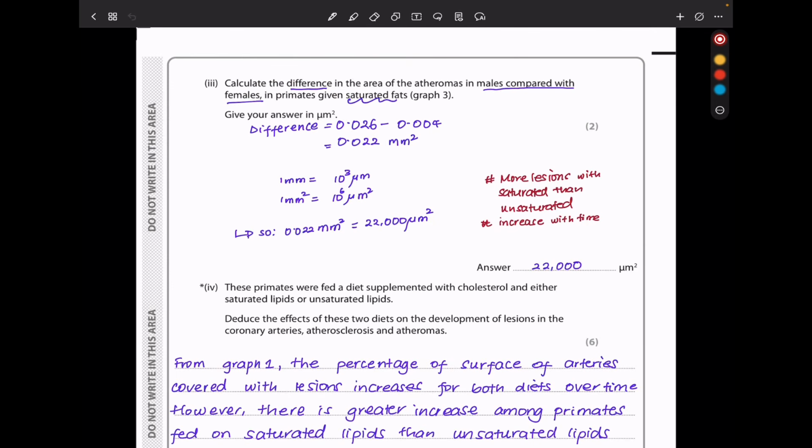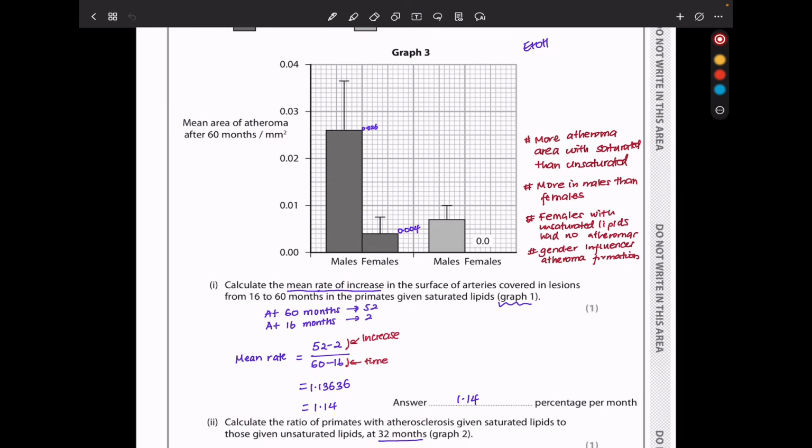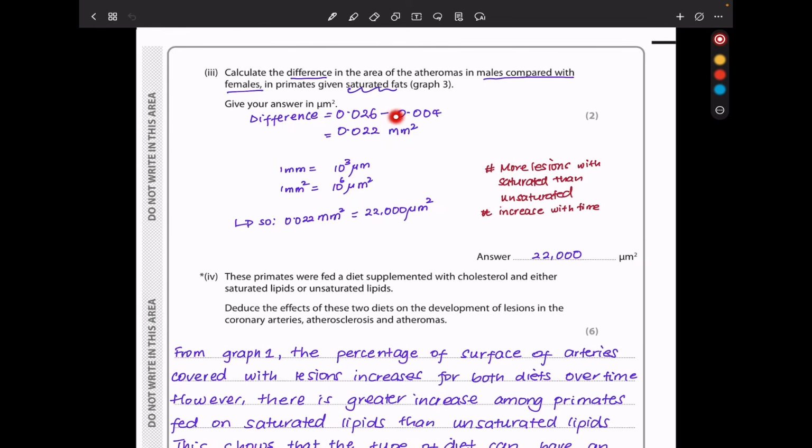Next, they say calculate the difference in area of atheromas in males compared with females in primates given saturated fats from graph 3. From graph 3, we have 0.026, if you can see clearly, and this is 0.004. I have the difference 0.026 minus 0.004, giving me 0.022, but this is millimeter squared.